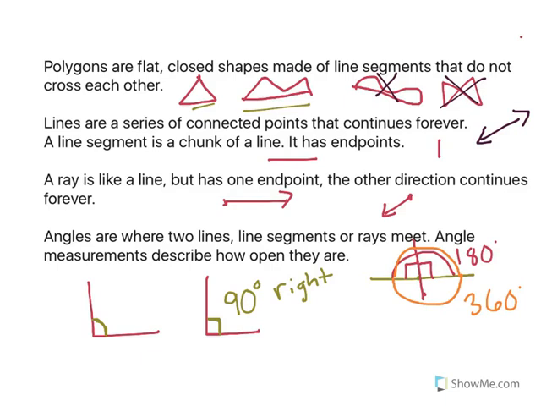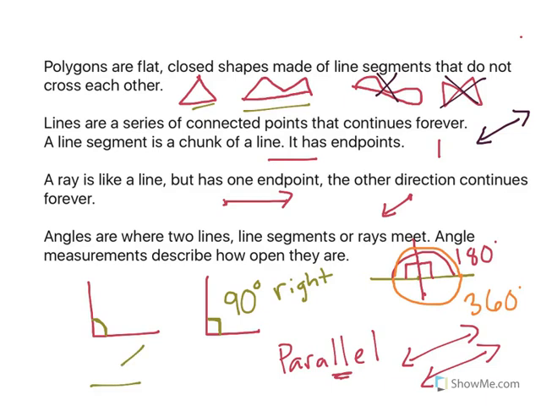And then to go along with that, we also talked about parallel. Here's a hint. Look at these L's. It's two lines or line segments that if they were to continue forever, they would never, ever touch. So these ones are parallel, but these two lines are not, because if this continues, they would meet right here.